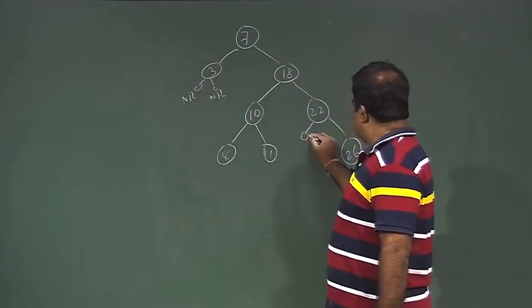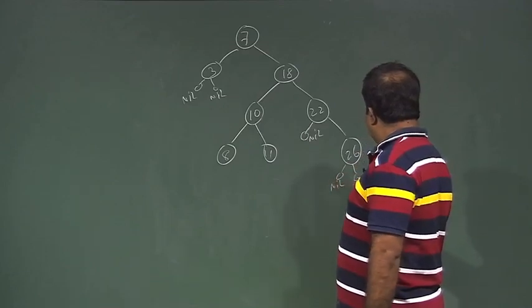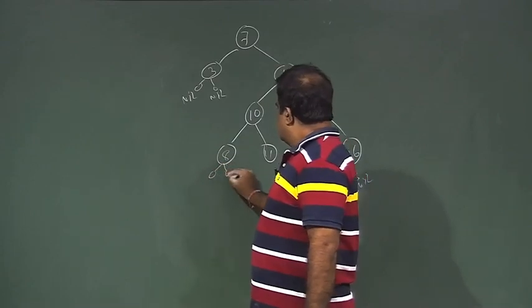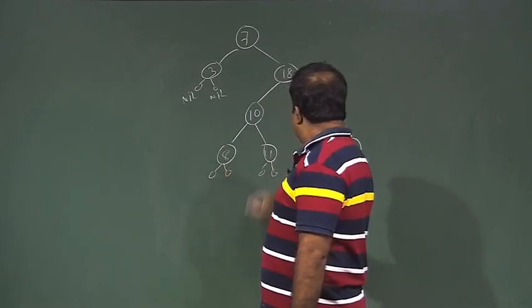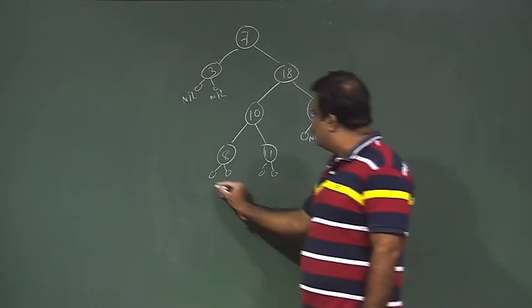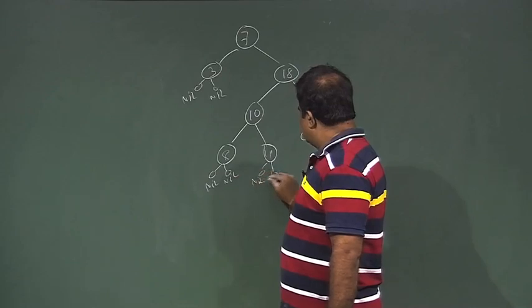So, we will introduce the nils. From each leaf node, or from each node which has one child or no child, we will put the nils, and these are our new leaves. Okay.